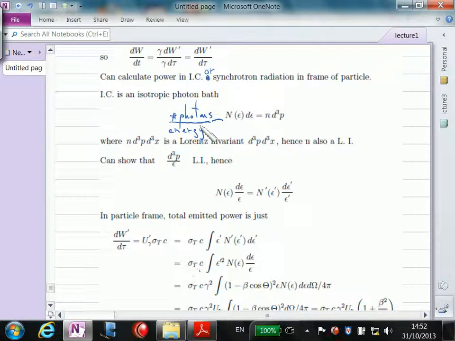No, it's not per unit energy because it's multiplied by dE, which has units of energy, so this cancels that. So it's number of photons per unit volume. N is the phase space density, which is per unit volume, per unit momentum volume. But since I'm multiplying by dP, it's just a spatial density.